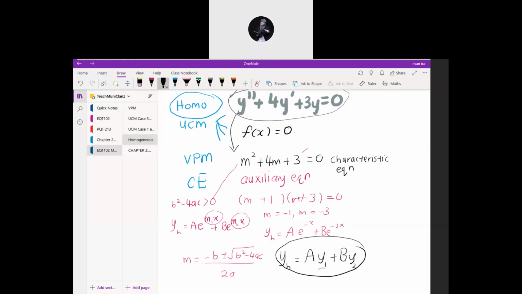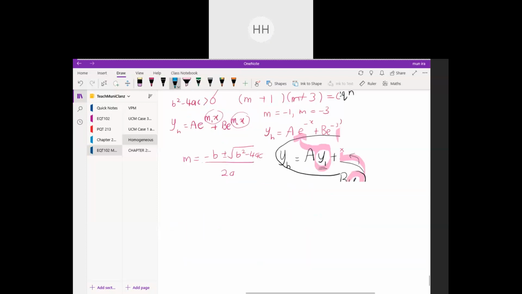Okay, where y1 and y2 are the solutions that you get from your m here, e^(mx). Okay, so from this solution yh, what can you say about your y1? What is your y1? Okay, e power negative x. y1 is e^(-x). Good. Our y2 is e^(-3x).